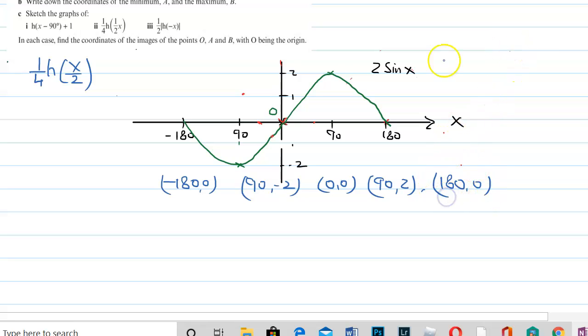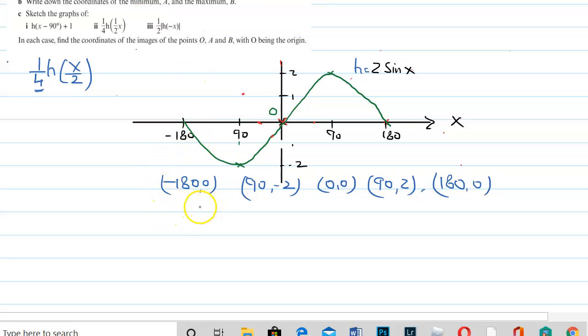These are the coordinates of y equals h(x), which is 2 sin x. Now our transformation is 1/4 h(x over 2). So the first one, we know that is going to be multiplied by this.